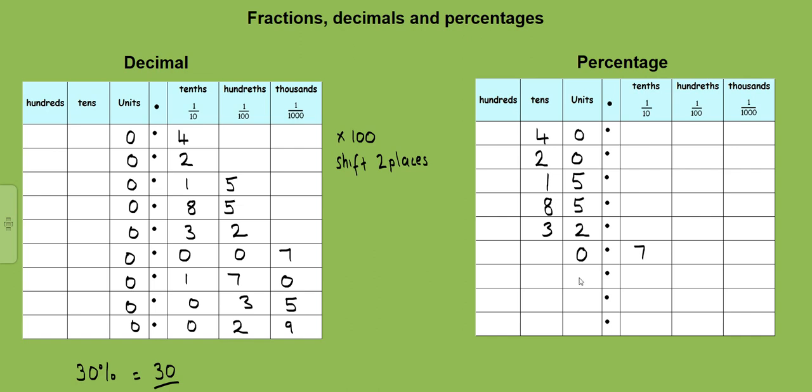So let's shift that along. So we're going to get 17.0%, which of course we can just write as 17%. 0.035. So shifting that along, it's going to move 2 places and become 3.5%. And finally, 0.029, a shift of 2 places, multiplying by 100 gives us 2.9%.